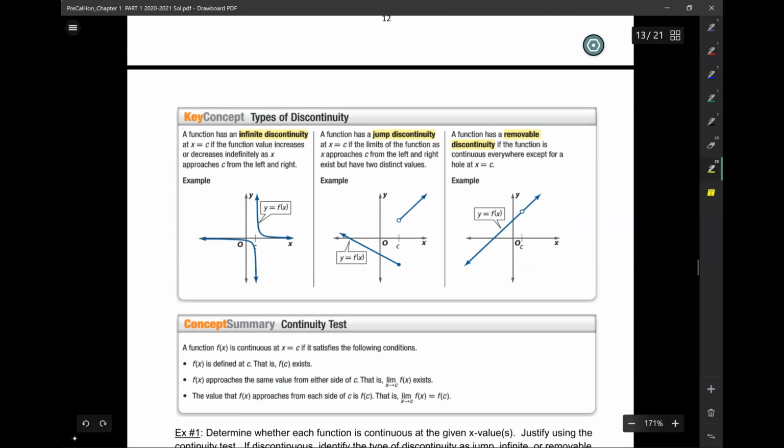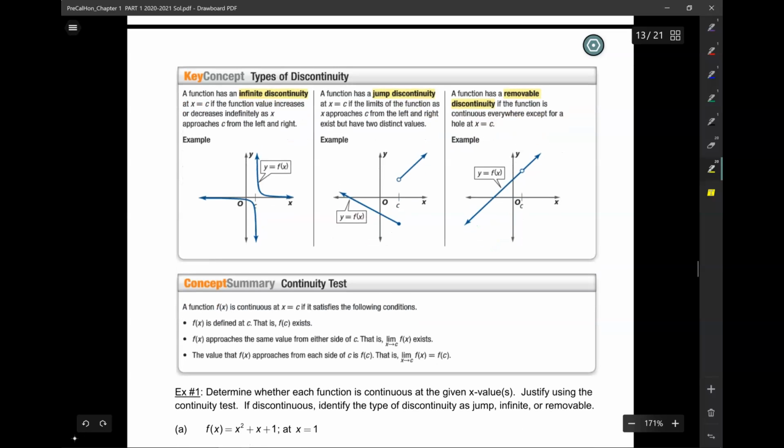Now, let's move on to continuity. But to talk about continuity in math, we first talk about discontinuity. A discontinuity in a graph is a break in the graph.